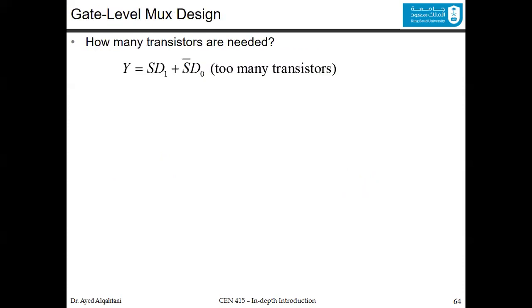Now, if you have a gate level multiplexer design where you have Y equal S D1 or S bar D0, remember D0 is when S is equal to 0, and D1 is when S is equal to 1. When you design this using your previous courses in logic design, you might design it this way.